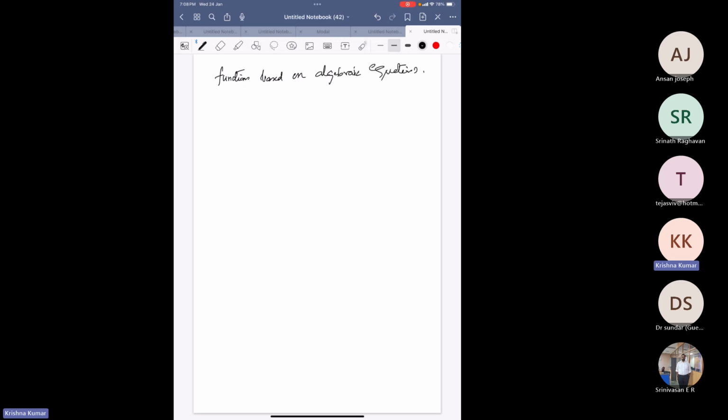Now, there can be functions which are based on trigonometric and inverse trigonometric equations. These are called transcendental functions. In other words, they are based on sine, cos, etc.